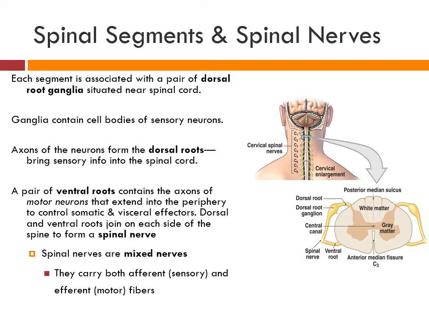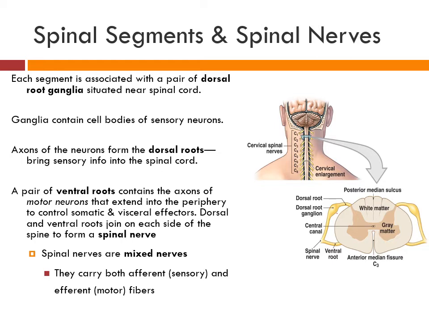Sensory information is afferent, meaning it's being collected in the periphery and brought toward the central nervous system. Motor information is efferent, meaning it's being issued in the central nervous system and then traveling outward to the peripheral nervous system.